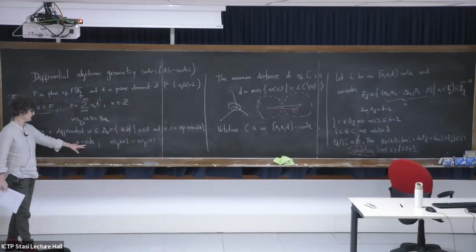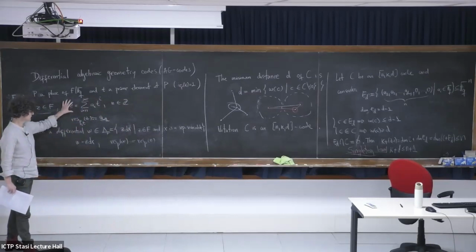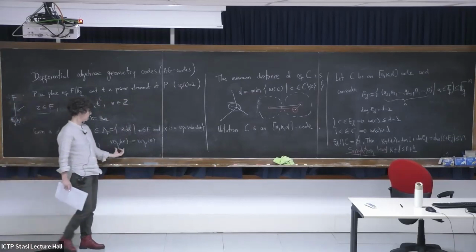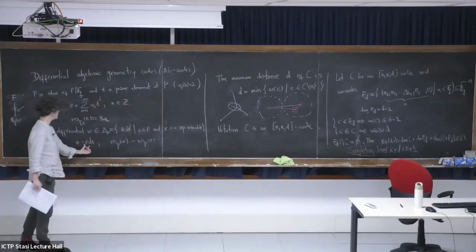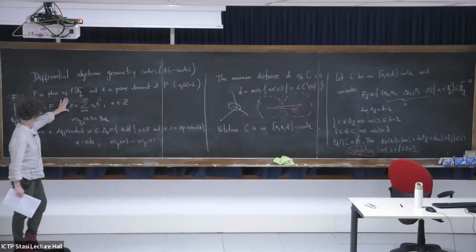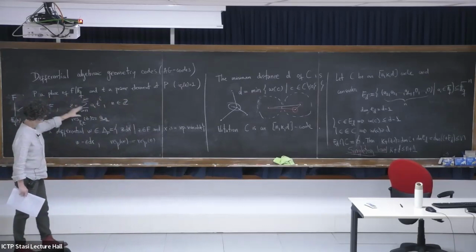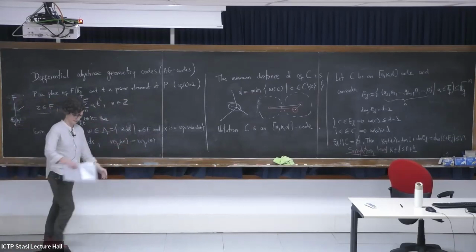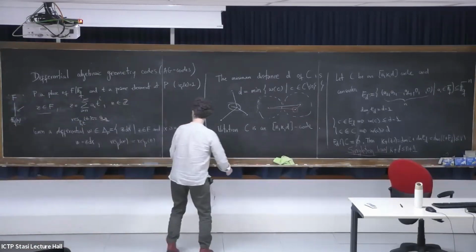Okay? So you have to take your function z and write it as a power series. So you have your place P. You take the function z, you write it as a power series in a prime element at P, and then you look at the coefficient of t to the minus 1, this is the guy. So we have this.